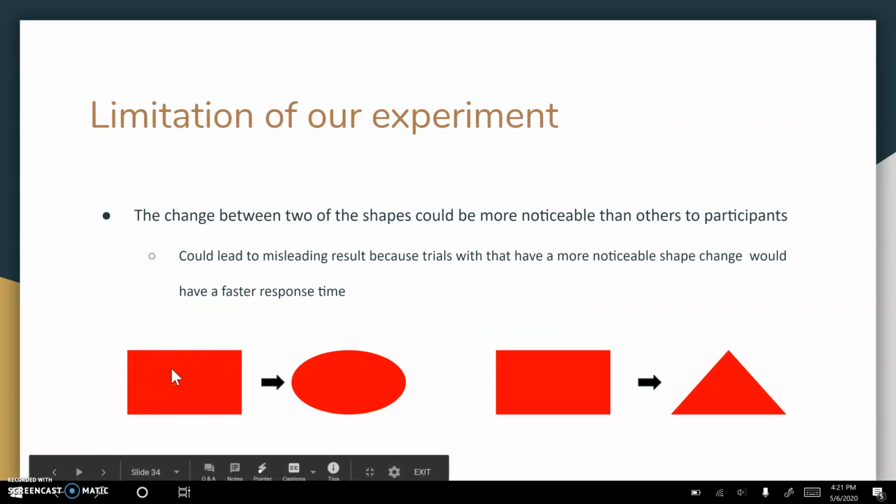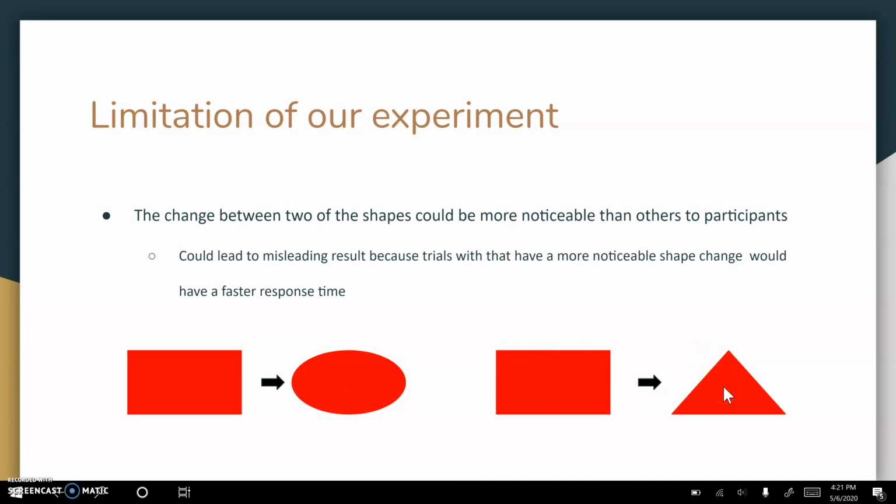So basically what this means is we don't know that a rectangle changing to a circle isn't more noticeable than a rectangle changing into a square, or vice versa, or any other combination of these. This could lead to certain trials having faster reaction times, not due to whether or not the background was fear-inducing or happy-inducing, or whether or not the shape was small or large, but just because the shapes changing were so different from each other that it was able to be noticed faster by the participants.